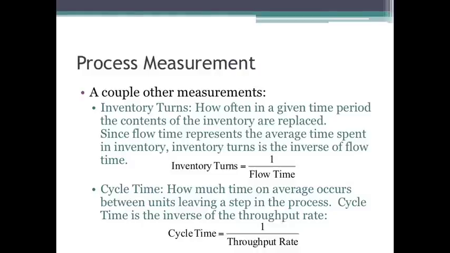We won't deal with it so much here, but you do see it on occasion. And cycle time is just the inverse of the throughput rate. So if throughput rate is items per hour, then cycle time would be hours per item, hours between each item, each successive item leaving that particular step of the process.